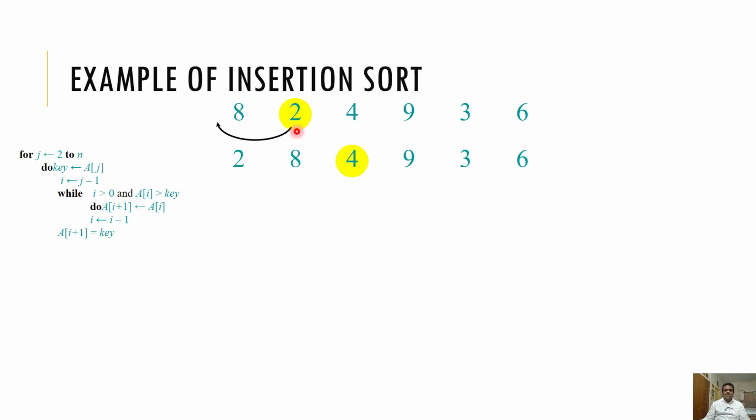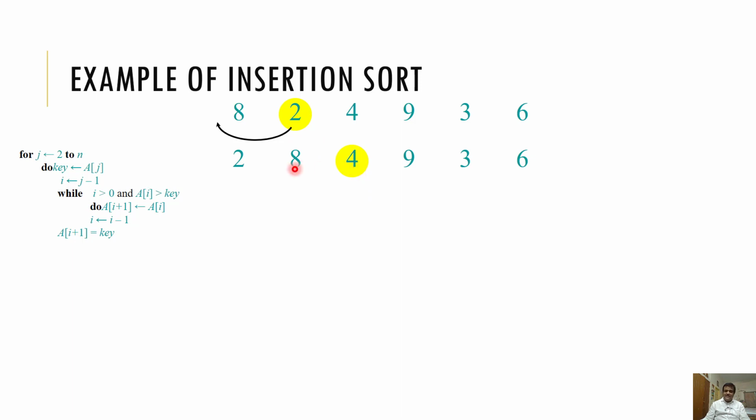So that is the first j is equal to 2 loop, and then again j is equal to 3. This for loop will go up to n, up to the end of the array. Now j is equal to 3, aj is pointing to 4. We store this value in key, so key is 4, and i is pointing to 8.